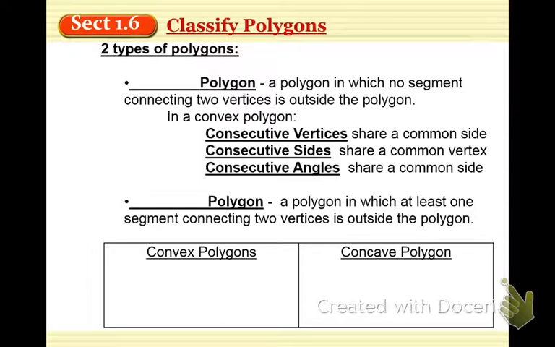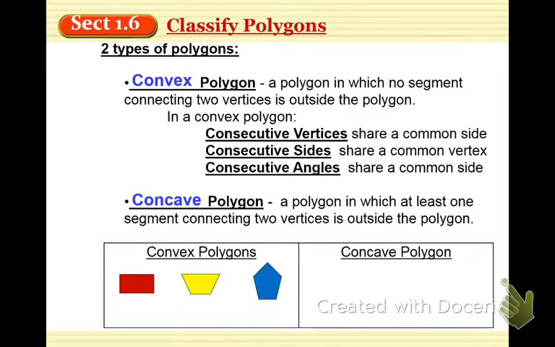2 types of polygons: convex and concave. A convex polygon is a polygon in which no segment connecting 2 vertices is outside of the polygon. Let's look at some examples there. Those are convex polygons.